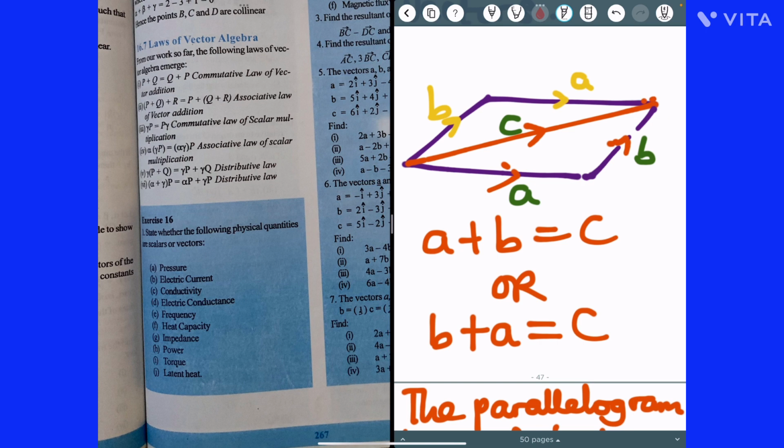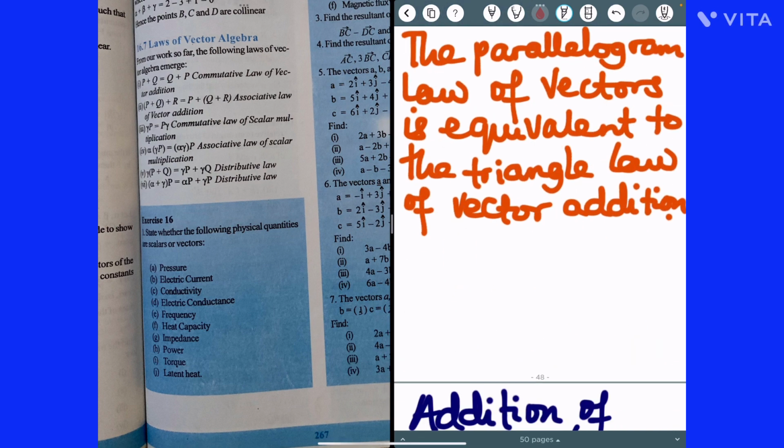C. In the same way, B plus A is also C. So, as you can see, the parallelogram law is just another way of expressing the triangle law of vectors, and it's equally simple. So take note of that.